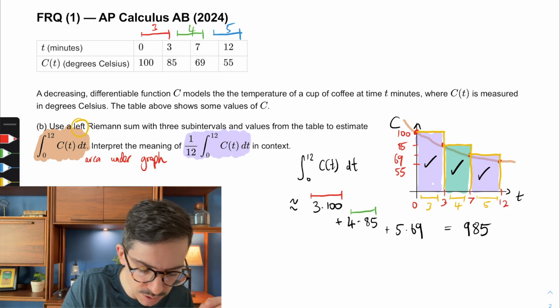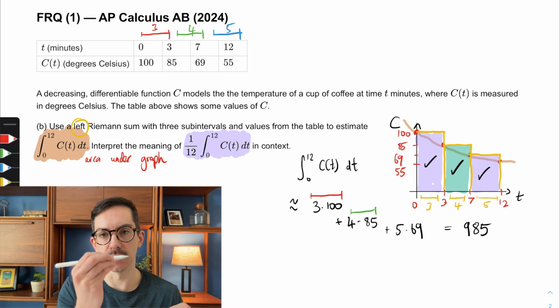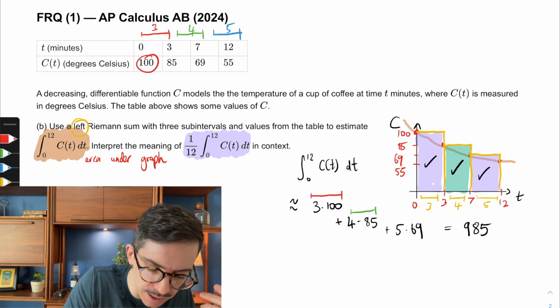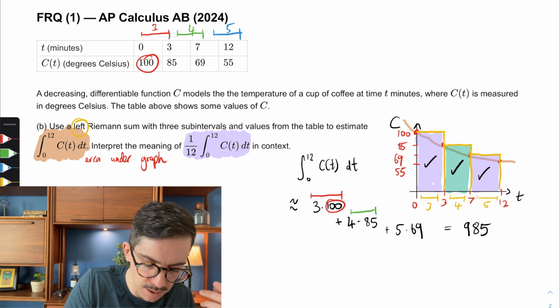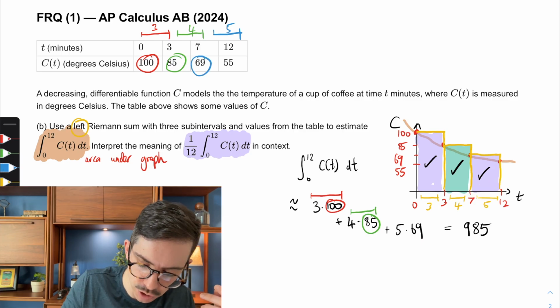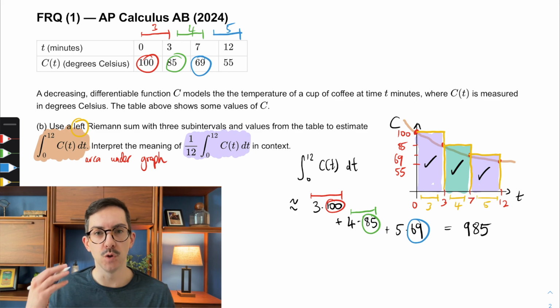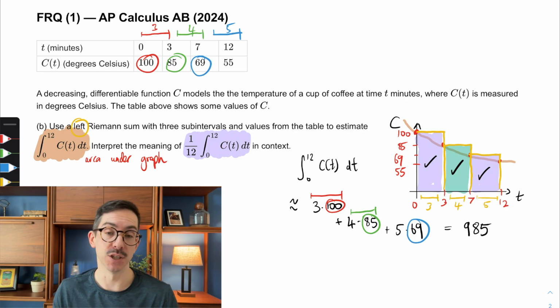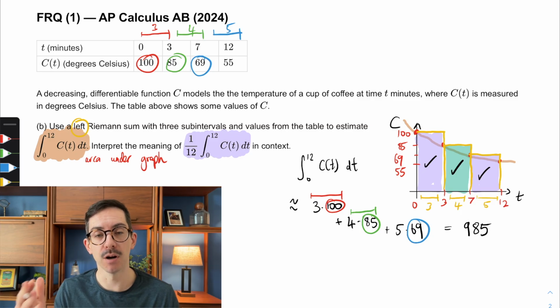And then all I need to notice is, in those adjacent columns of the table, because I'm looking at a left Riemann sum, the height of my rectangle is the left-hand entry when I look at each pair. So if you are rushing, that is the quickest way to get to this Riemann sum approximation, and you can do it for basically any table. If there's a right Riemann sum, you'll use the right-hand partner in each pair, and that's all there is to it.